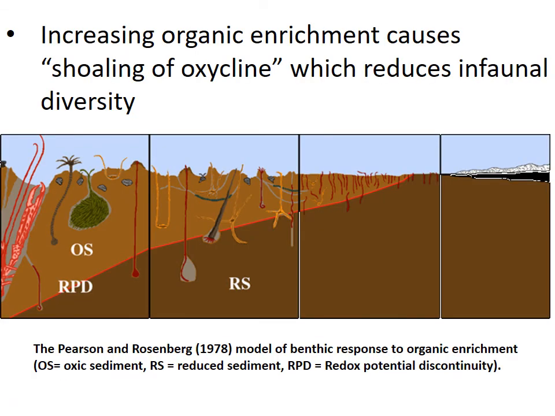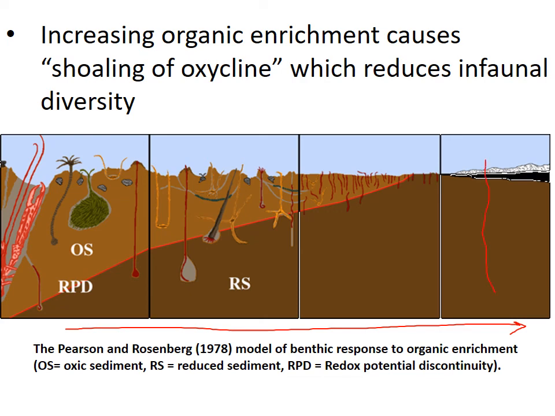All right, so folks who've studied the life in sediments in relation to different levels of organic matter and oxygen in the estuary have described this pattern of decreasing abundance and diversity of life as you go from well-oxygenated sediments with a moderate supply of organic matter to really anoxic sediments, where they're so overloaded with organic matter and so much decomposition is happening that the no-oxygen layer reaches all the way to the surface.